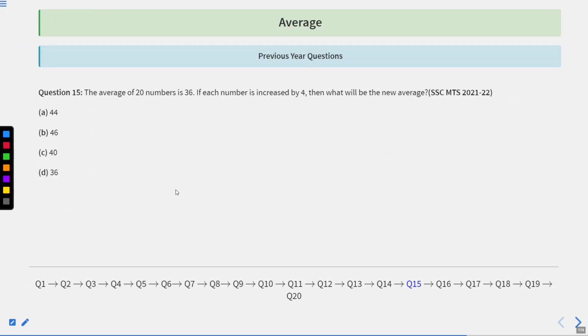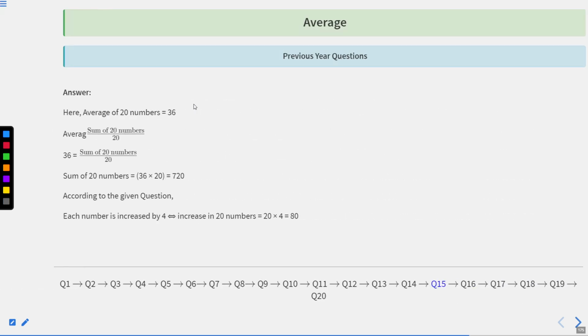Now, problem number 15. The average of 20 numbers is 36. If each number is increased by 4, what will be the new average? So we have 20 numbers, their average is 36, and if I increase each number by 4, how is it going to affect the overall average?